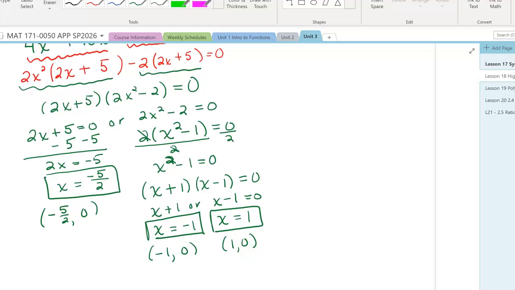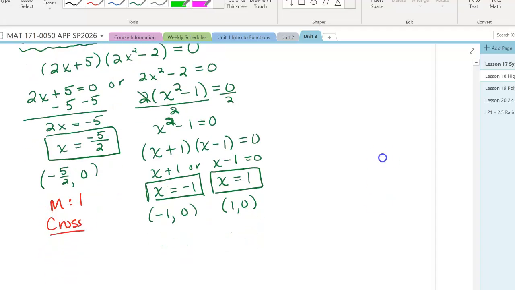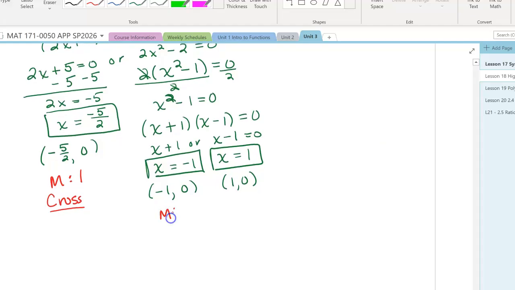And we also need to know the multiplicity of each one, or how many times they were zeros. Each was a zero just once, so that is odd, so it's going to cross at each x-intercept. This graph won't be bouncing off any of them.